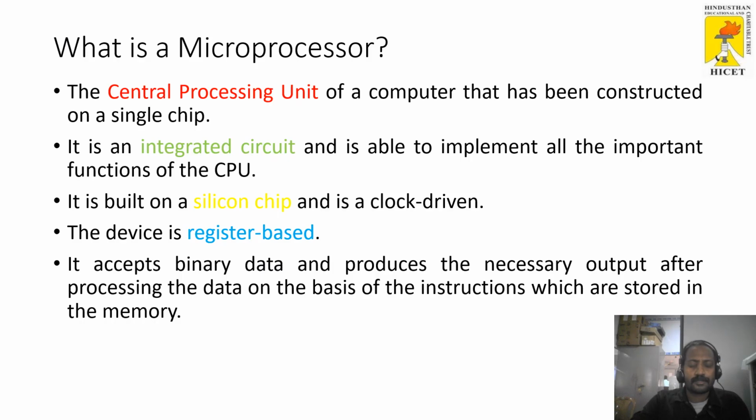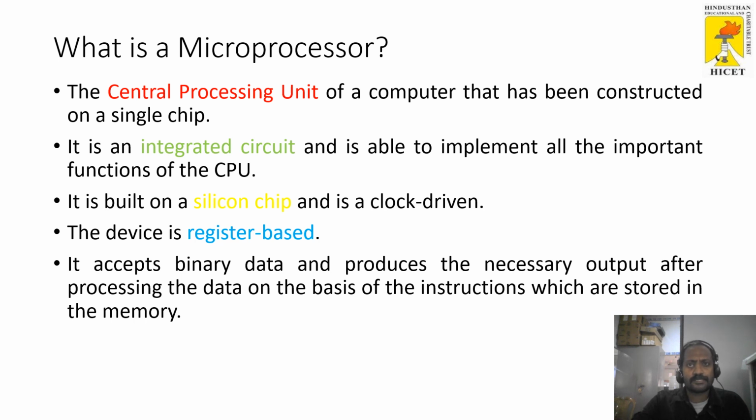What is a microprocessor? A microprocessor is a computer processor which incorporates the functions of a computer's central processing unit, that is CPU, on a single integrated circuit, that is IC, or at most a few integrated circuits.